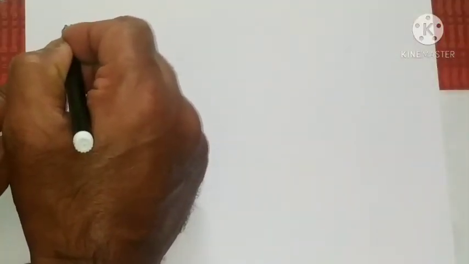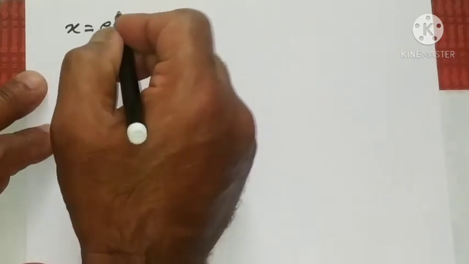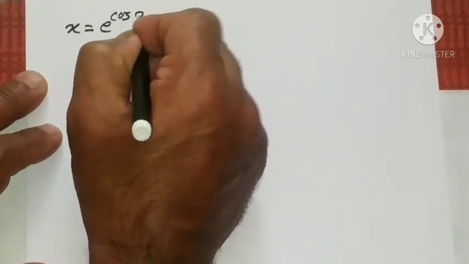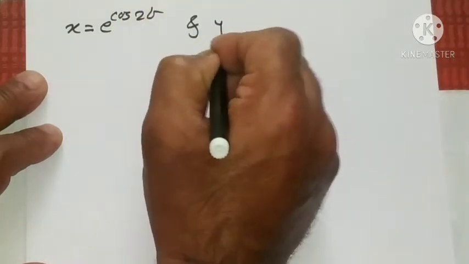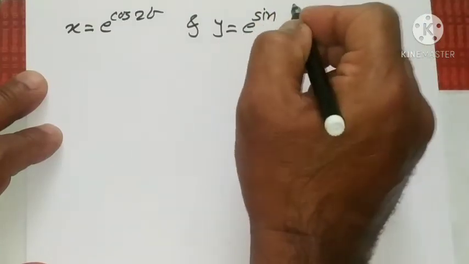Next example, if x is equals to e raised to cos 2t and y is equals to e raised to sin 2t.